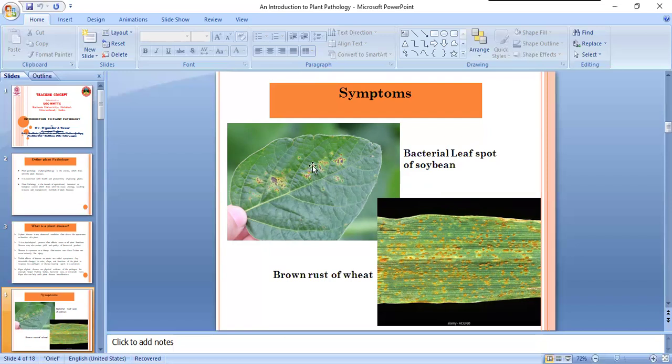In the next picture you can see spherical or somewhat elongated spots on the upper surface of the leaf of wheat, and these are golden color spots. On the basis of these spots, we can identify the disease like brown rust of wheat.